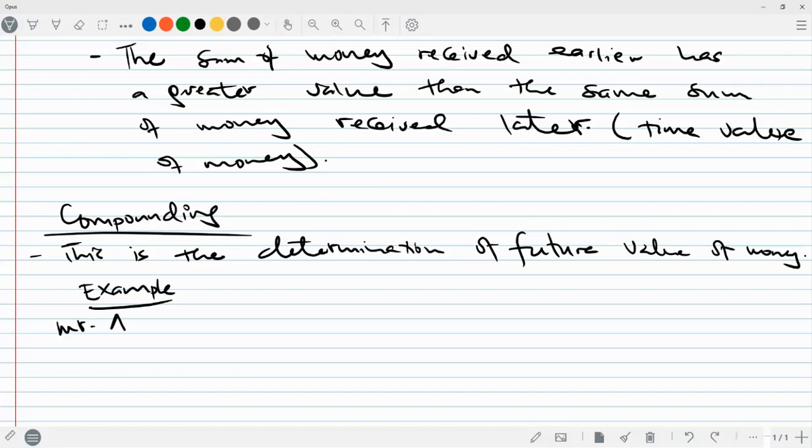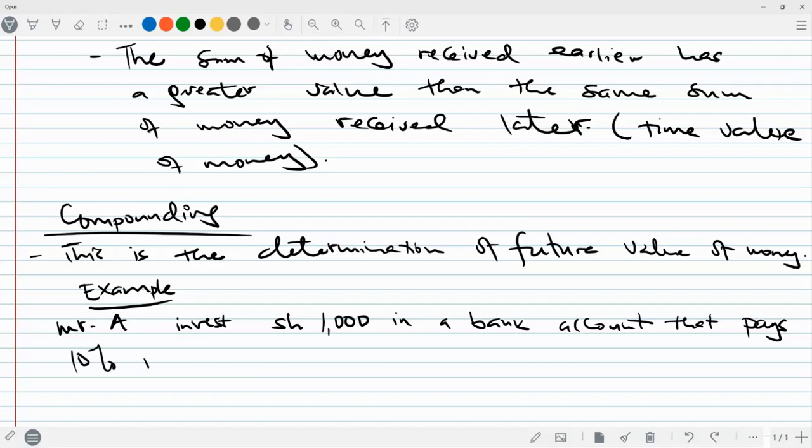Mr. A invests 1,000 shilling in a bank account that pays 10% interest per annum.